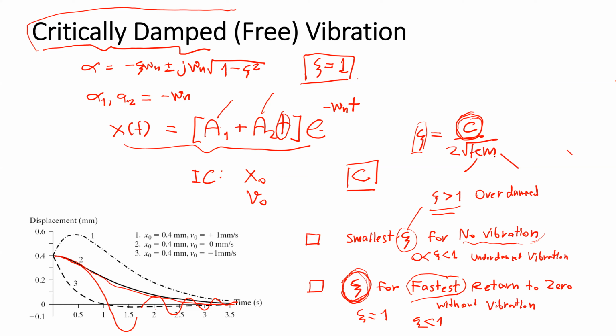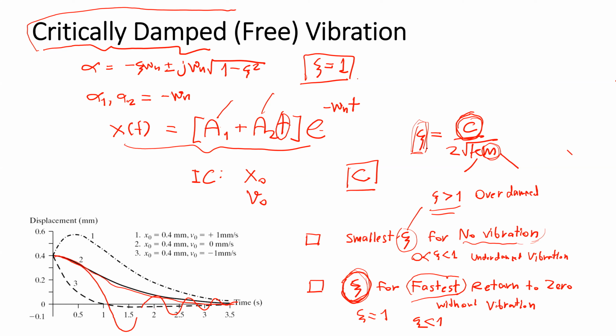But what should be the mass that we use in our calculation? It's going to be the lump mass of the vehicle. But after we have the passenger and the baggage in the car, the mass will change. So we cannot get the critically damped anymore.